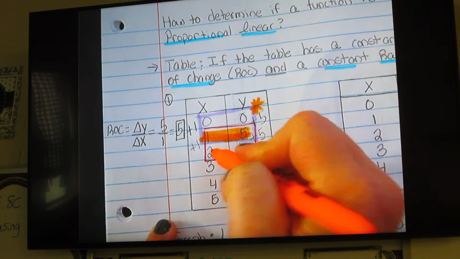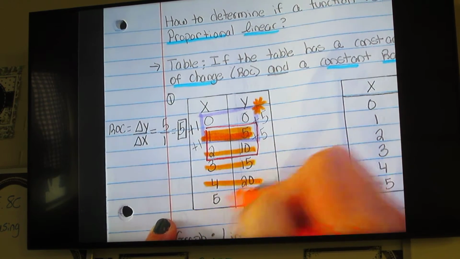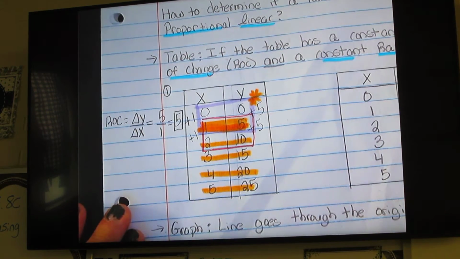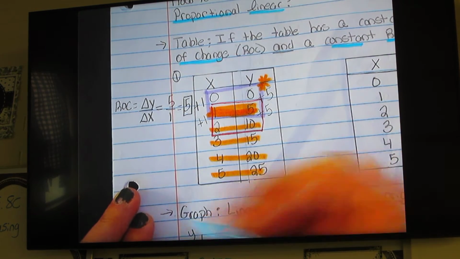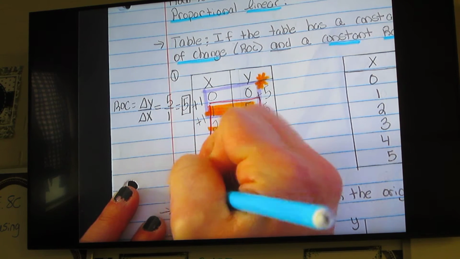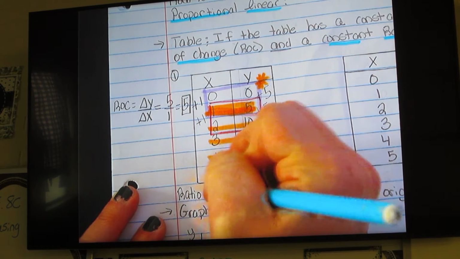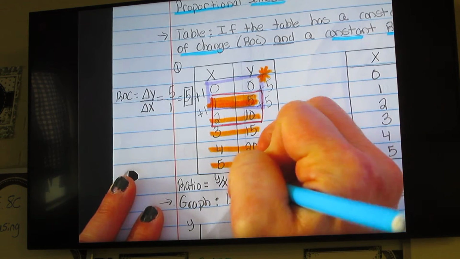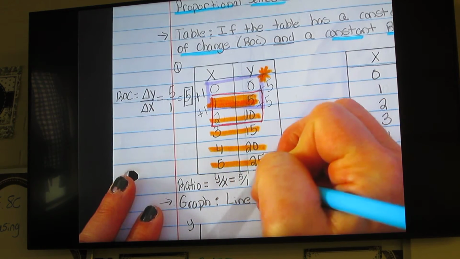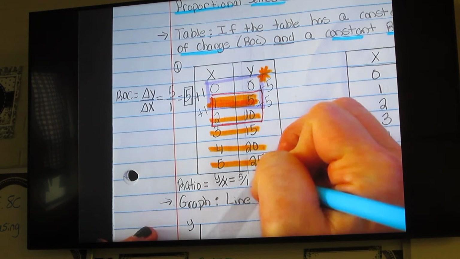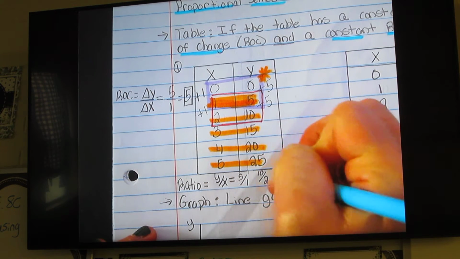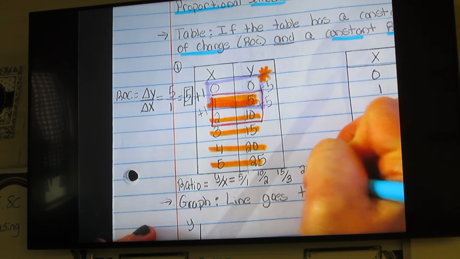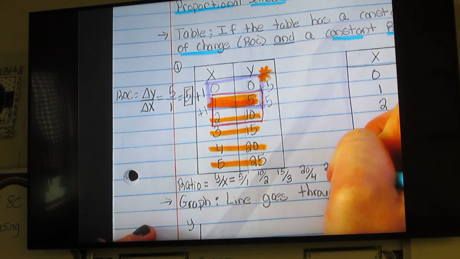So we're going to do each individual Y divided by X, okay, and see if they all come out to be the same thing. So I'm doing that constant ratio. I'm going to put my work below the graph. Y divided by X. So 5 divided by 1, which obviously simplifies to 5. 10 divided by 2. 15 divided by 3. 20 divided by 4. And 25 divided by 5.